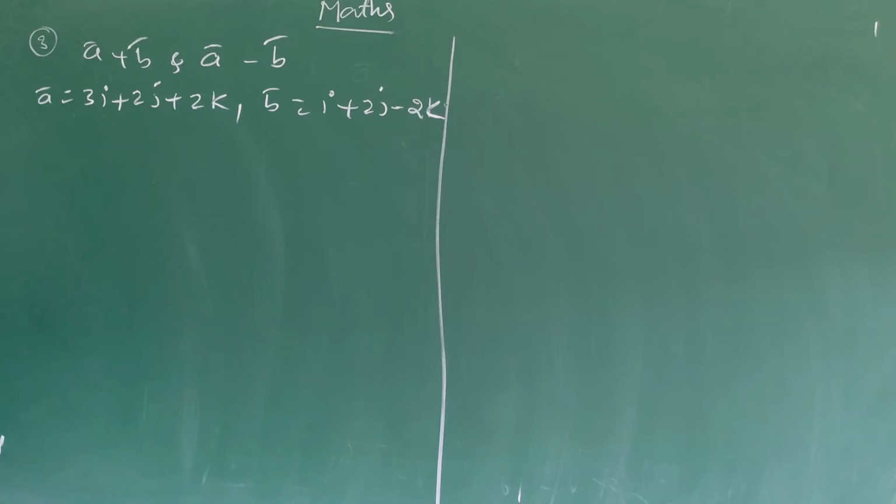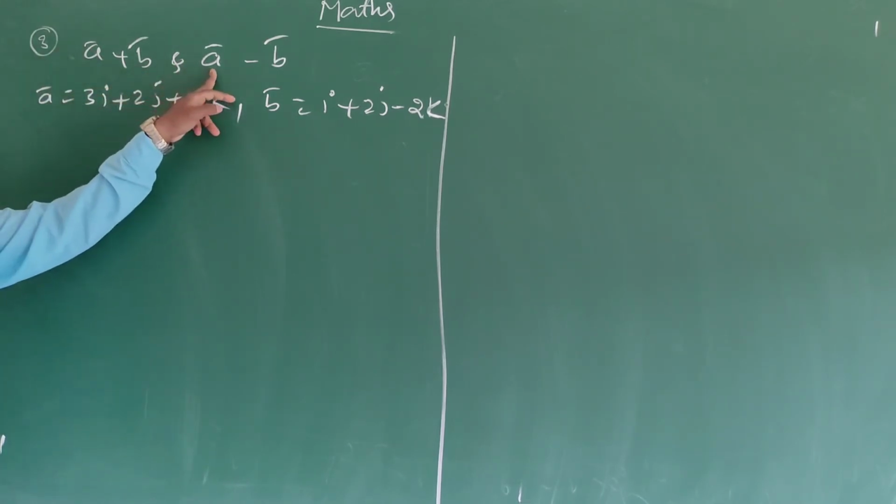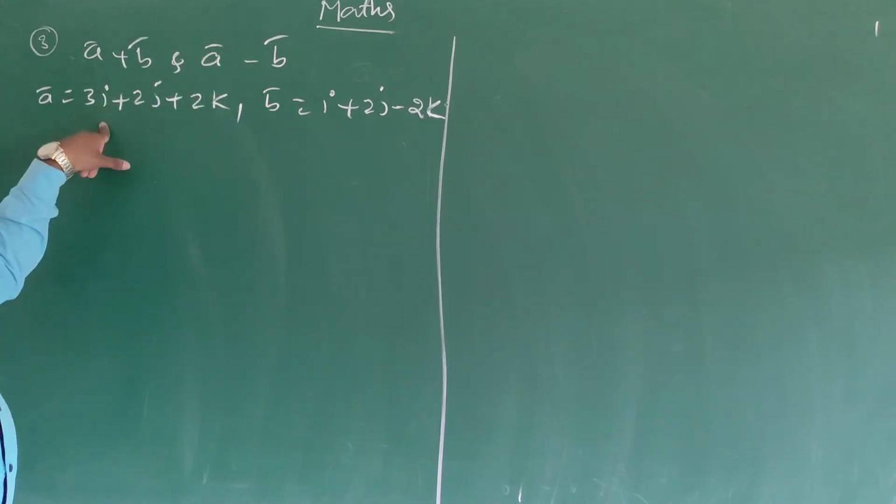Okay, so now the question is to find the unit vector perpendicular to a bar plus b bar and a bar minus b bar. a bar is given, b bar is given.